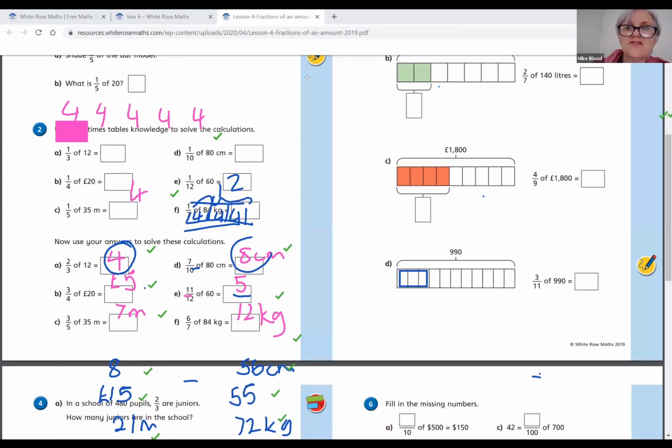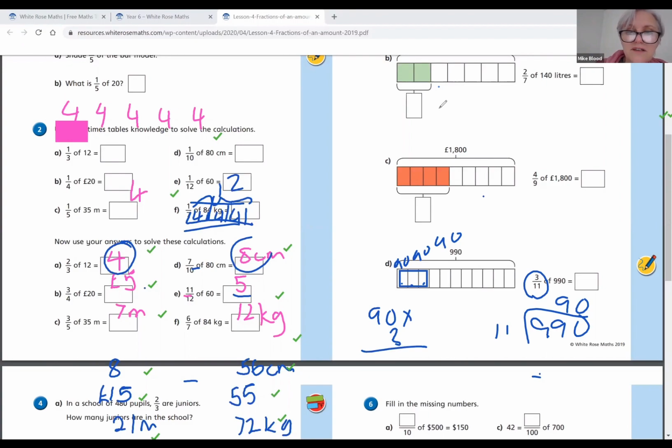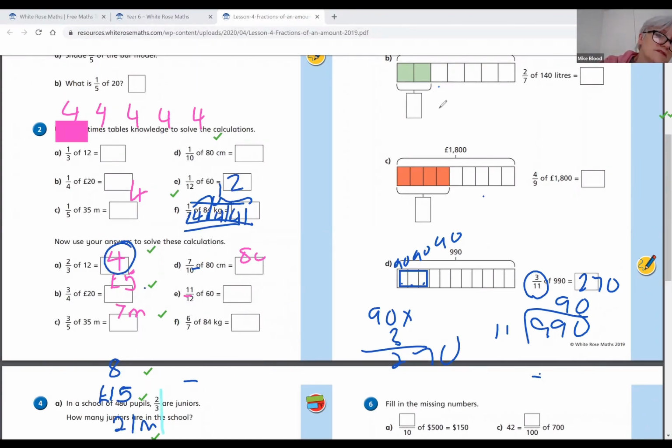So we need to do 990 divided by 11. You probably don't need to do a bus shelter because you'll know it's 90. So each one of them is 90. 3 lots of 90, because I want 3/11ths, remember, 3 bars. So it's 270.